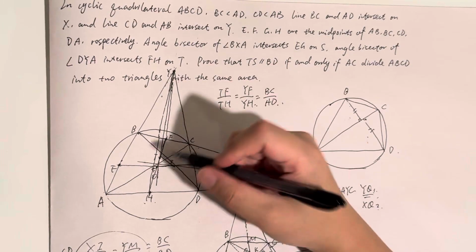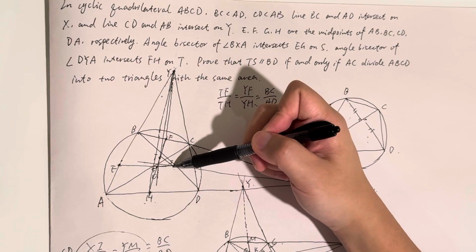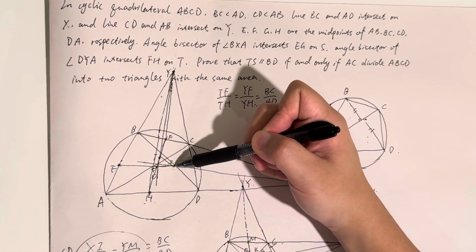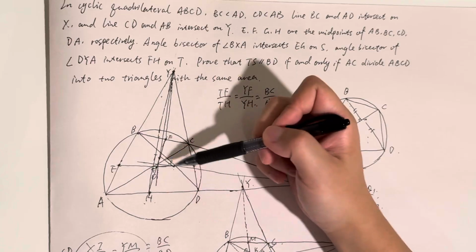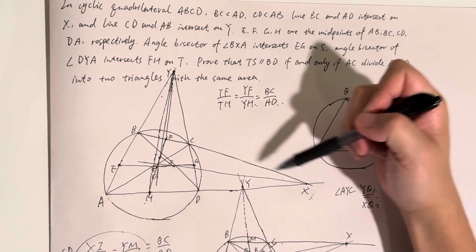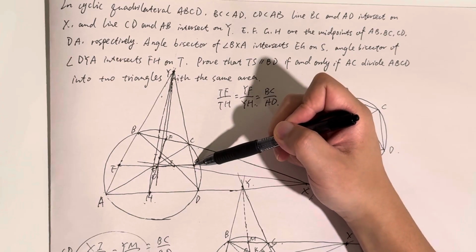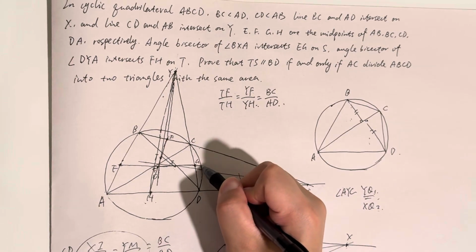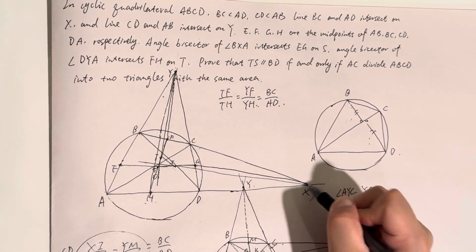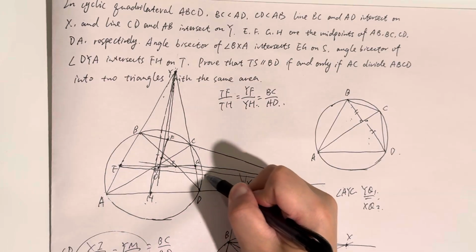And also for the point S, it comes from the intersection point of XQ and EG. If we connect GX, we connect EX, right?